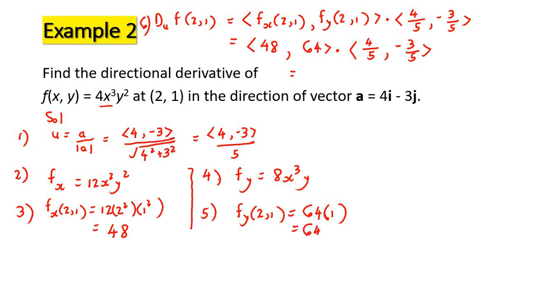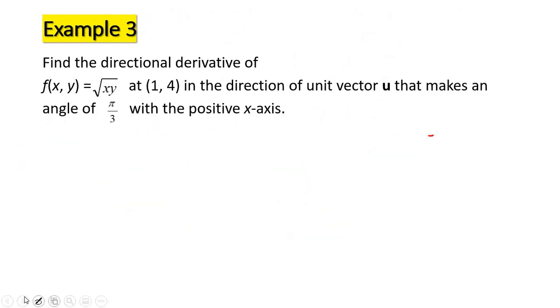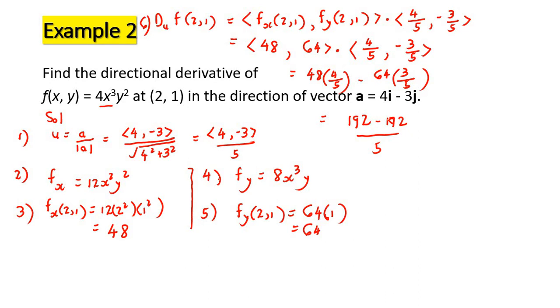Then you have 48 times 4 over 5 minus 64 times 3 over 5, which is 192 minus 192 over 5.